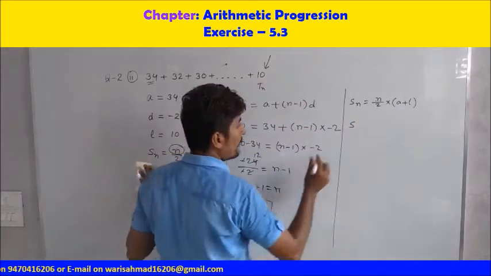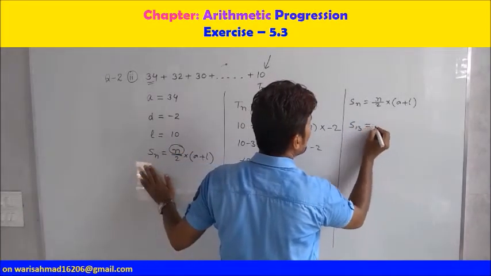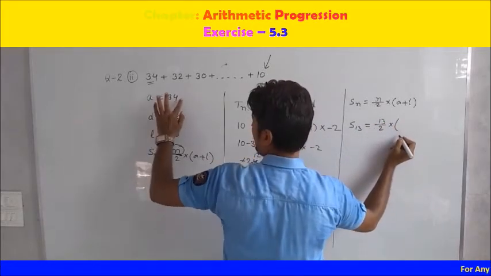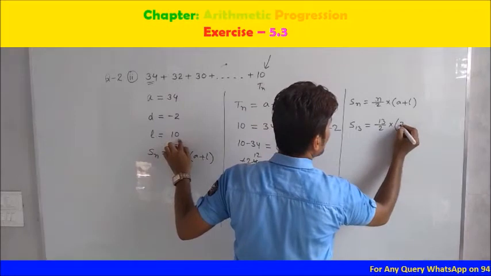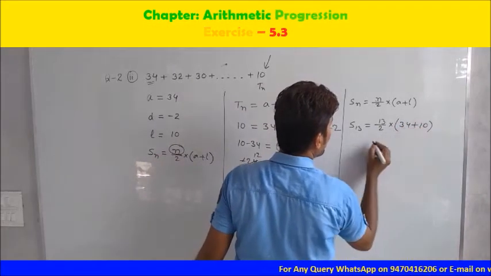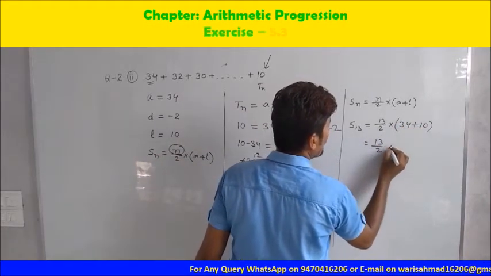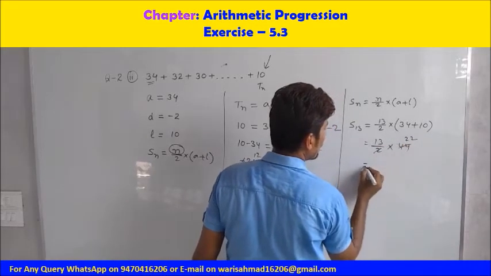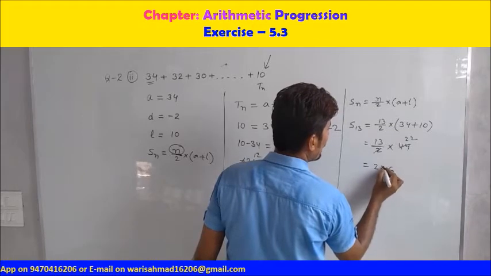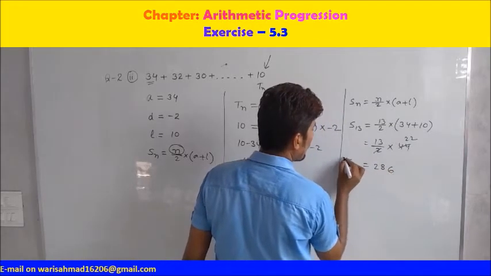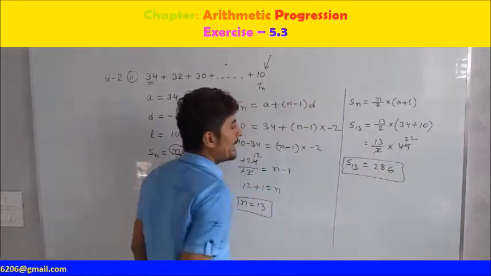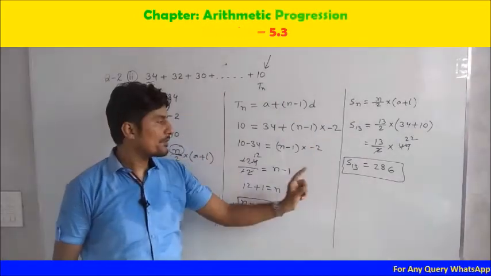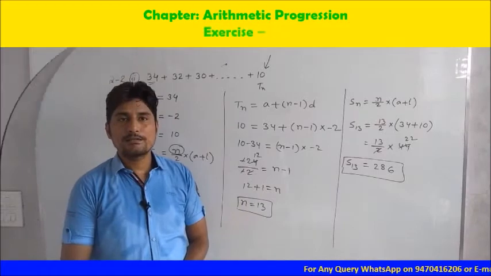The value of n is 13, so we can write 13 upon 2 multiplied by (a plus l), 34 plus 10. 34 plus 10, we can write here 13 upon 2 multiplied by 44, which is 286. S13 equals 286. It means that the sum of all these terms of the AP will be equal to 286.